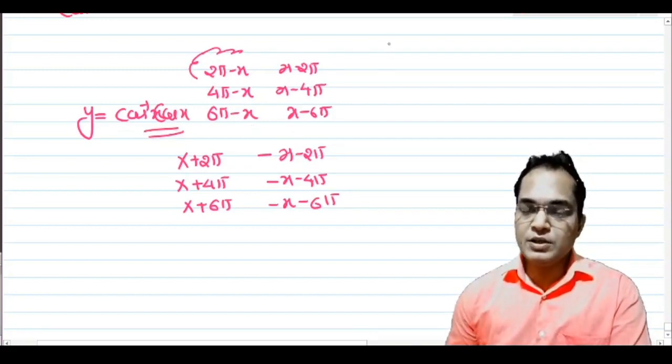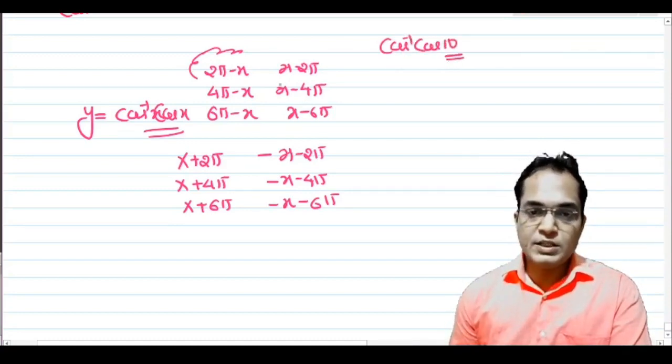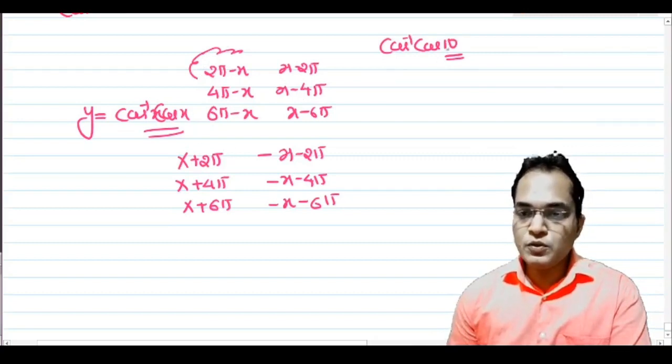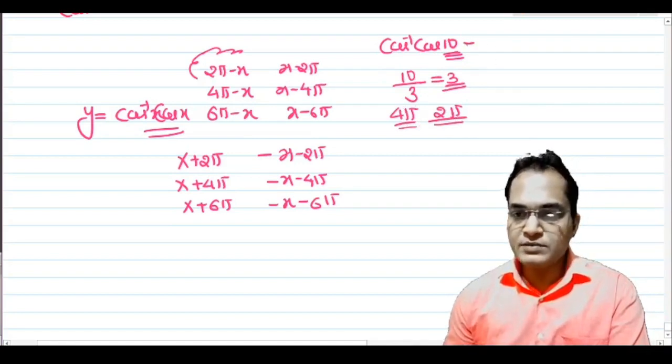Suppose your question is cos inverse cos 10. Use this system: you have to get the nearby multiple for 10. Find 10 by 3, approximately 3. Now you can observe 4 pi or 2 pi, and observe that the value after substituting here must be between 0 and pi.